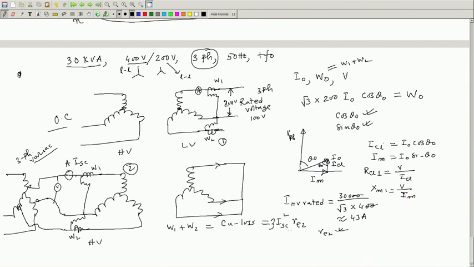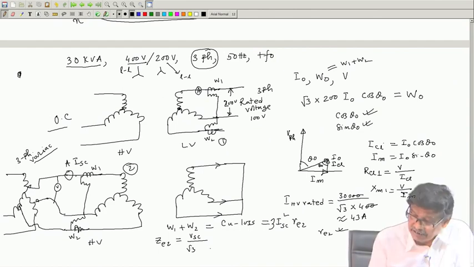Similarly, once you get RE2, you have to calculate ZE2, which is the impedance. So, what is the impedance per phase? It will be the applied voltage VSC, line to line, which you have measured, by root 3, divided by ISC.